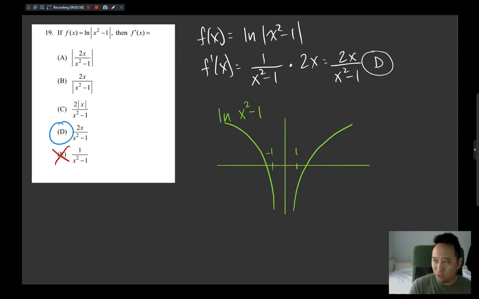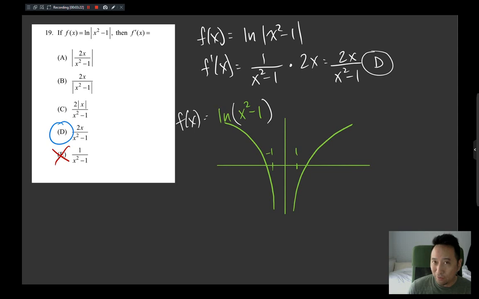If it was f of x equals natural log of, and I put parentheses here, well then nothing exists between -1 and 1. You can't put in values there because you'll get a negative value, and you can't take the natural log of a negative value. So my graph looks exactly like that.